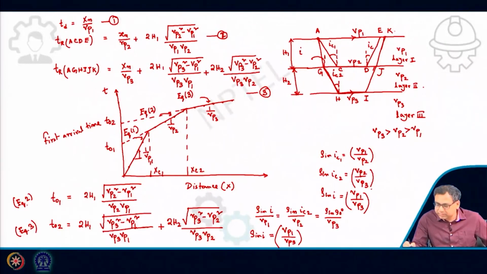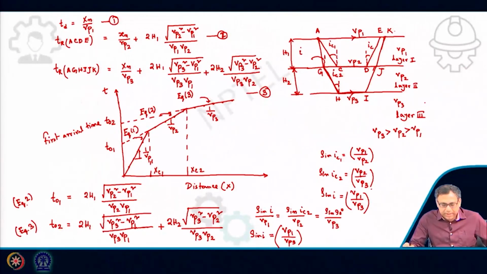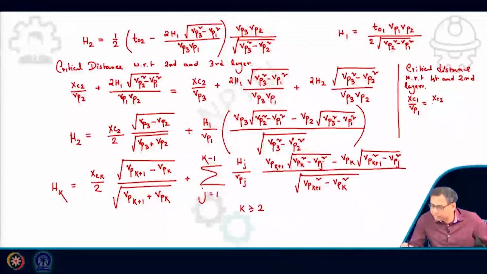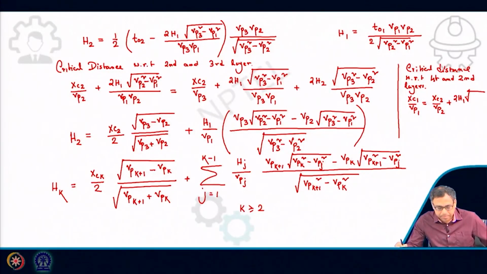For the first layer it was only xc1 by Vp1, which will be equal to xc2 by Vp2 plus 2 h1 root over Vp2 square minus Vp1 square, divided by Vp2 by Vp1.